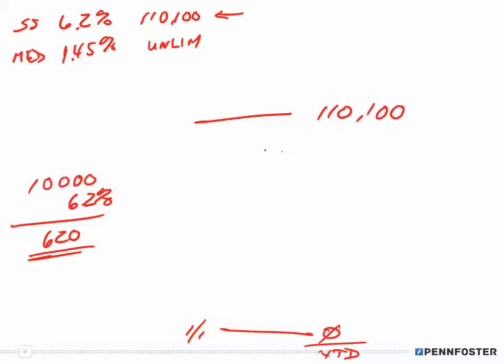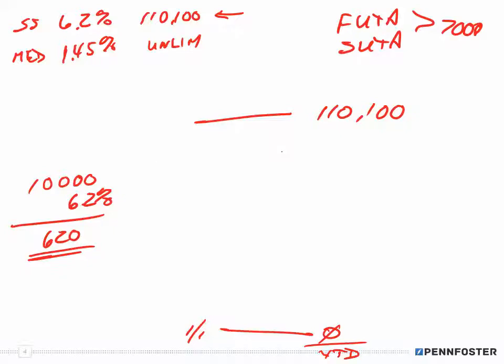Understanding this concept is important, because in one of the future videos, I'm going to be talking about FUTA and SUTA, and they have limits also. Their limit happens to be $7,000. So we're going to use this concept and idea again, so make sure you understand it.